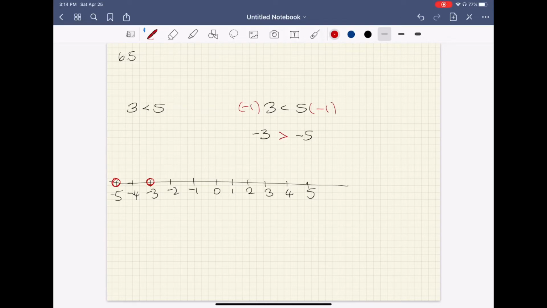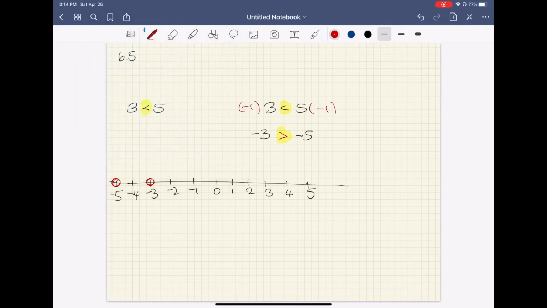So what do you guys notice? When you are multiplying by a negative number, what happens to the sign? If you compare this one and that one, the original sign is less than, and when you multiply by a negative number, it became greater.